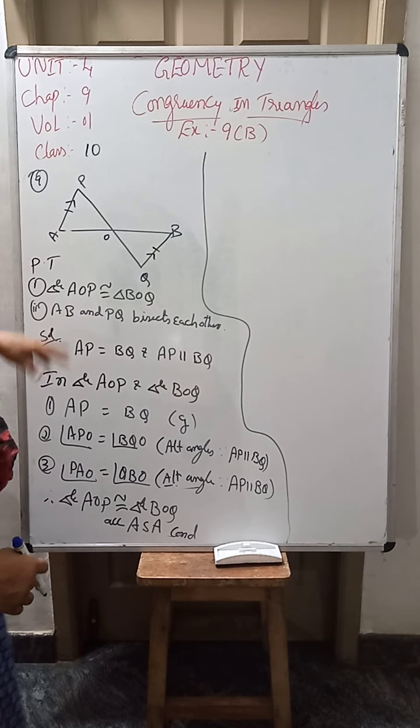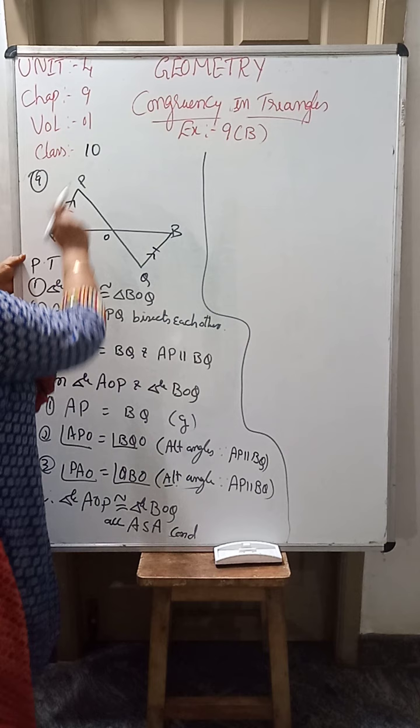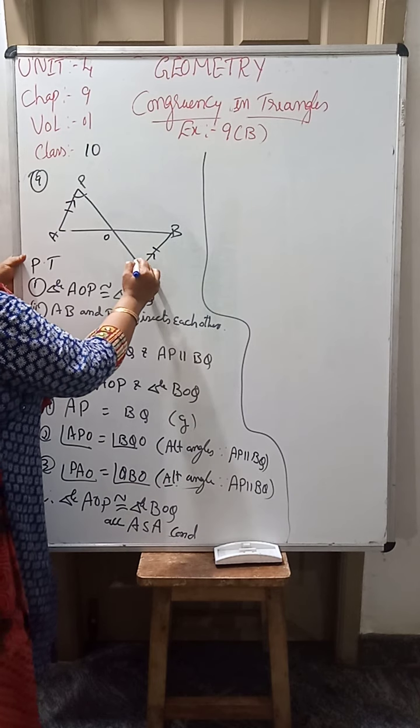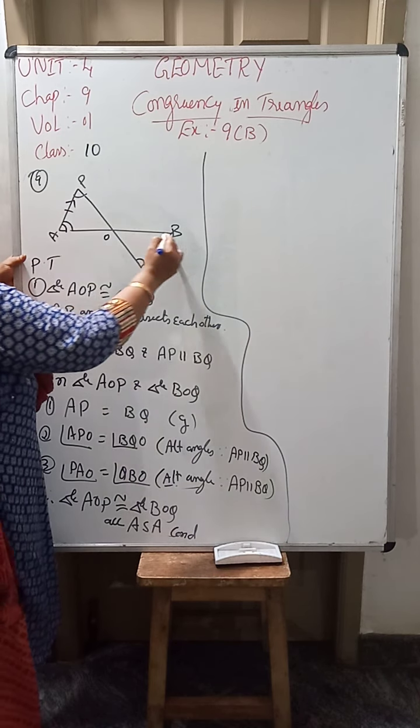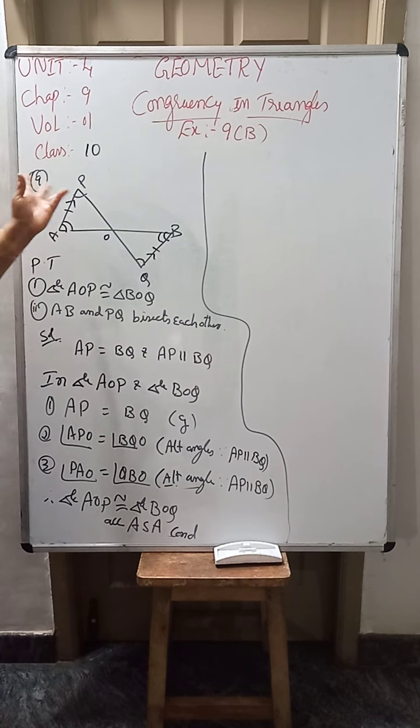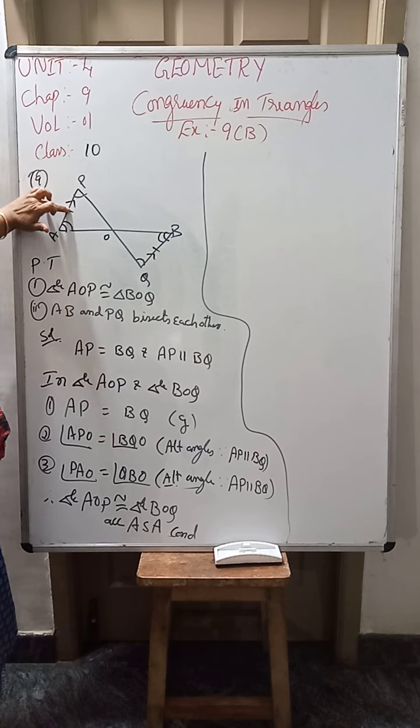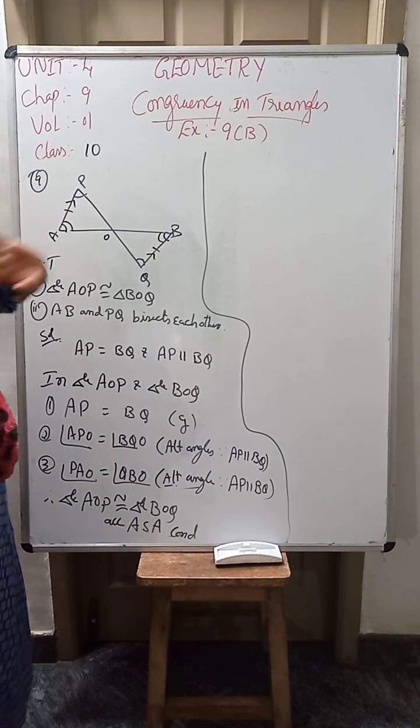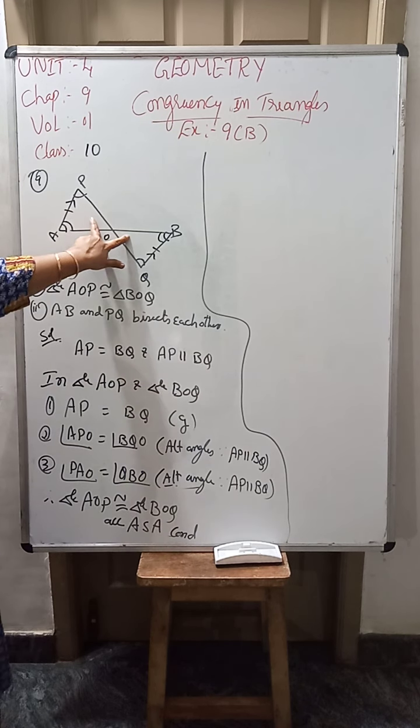Now we have to write the CPCTC. Children, we have proved that angle APO is equal to this angle. Now let me write the double arc. Both are alternate angles and we have proved. According to ASA condition, these two triangles are congruent. Now, opposite to this, AO is equal to BO, CPCTC.